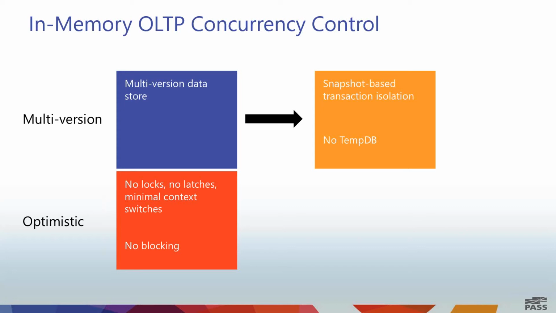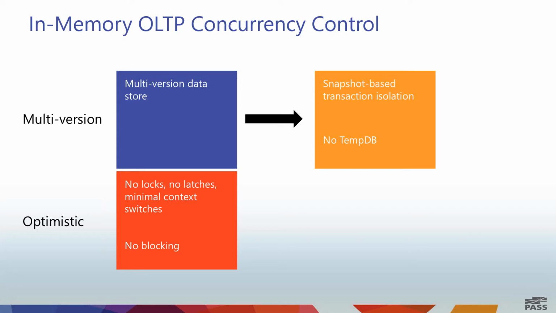But it is not very often that you deposit two amounts of money at exactly the same time to your bank account. It can happen, but it's very uncommon. So we assume that this is just not going to happen, and we don't take any locks, we don't take any latches, so we have no blocking in the system, and this also allows us to minimize the context switches.